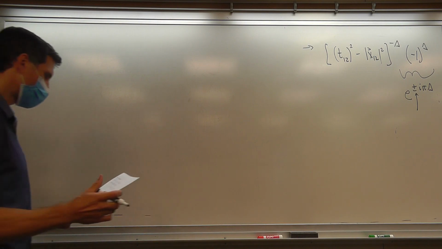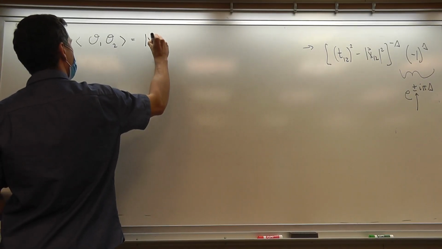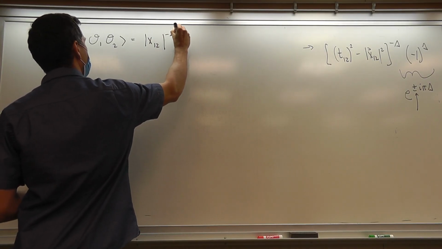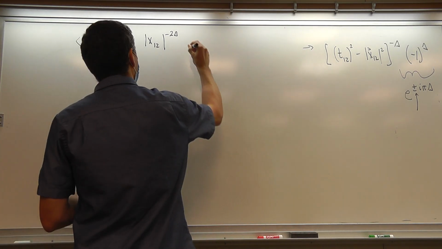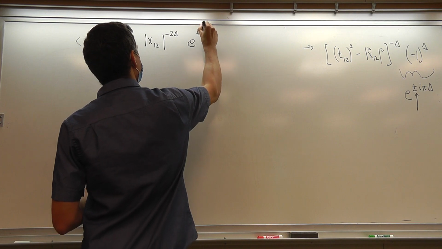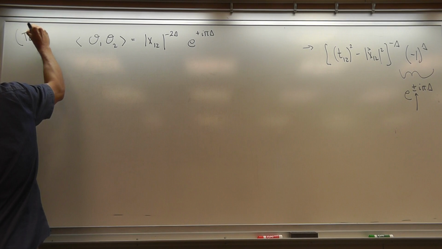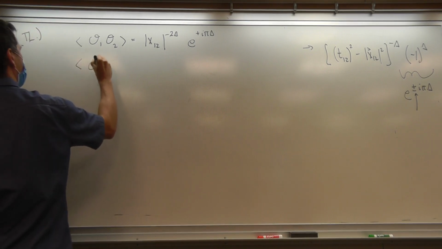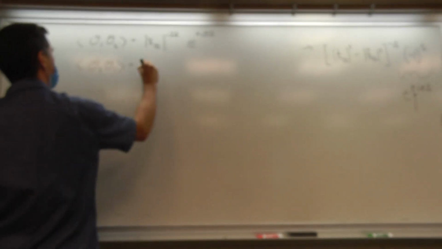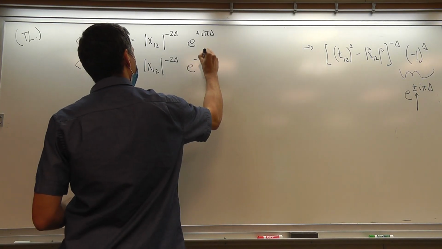In formulas, the point is just that O1, O2 is x12 to the minus 2 delta times e to the plus I pi delta. And I'm writing this for time-like separation. And O2, O1 is x12 to the minus 2 delta times e to the minus I pi delta.